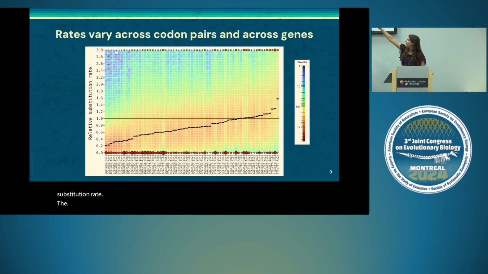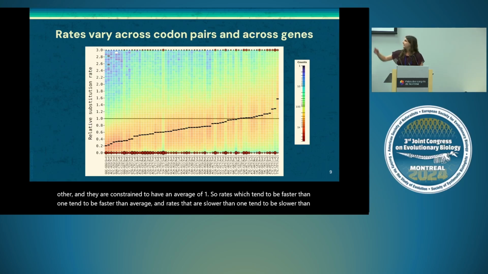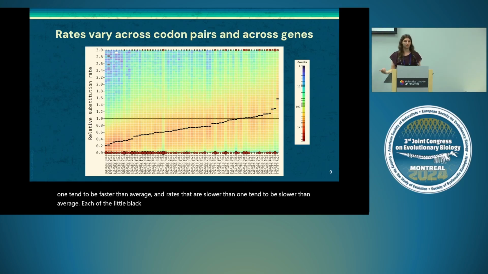The bar across the middle at 1 is relevant because these rates are estimated relative to each other, and they are constrained to have an average of 1. So rates which tend to be faster than 1 tend to be faster than average, and rates that are slower than 1 tend to be slower than average. Each of the little black tick marks is the median rate for that particular estimate.